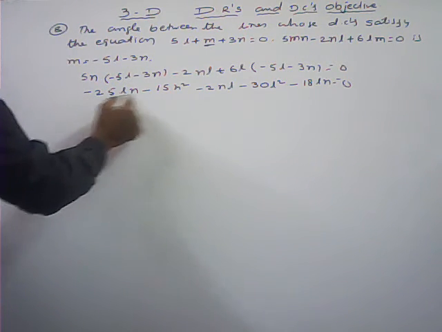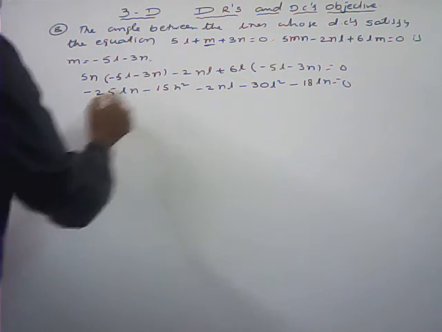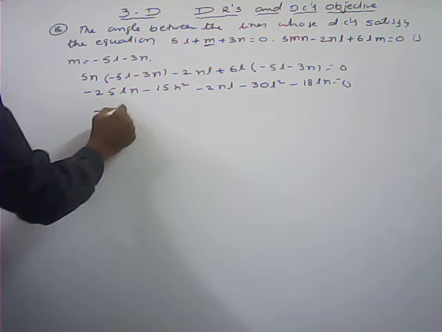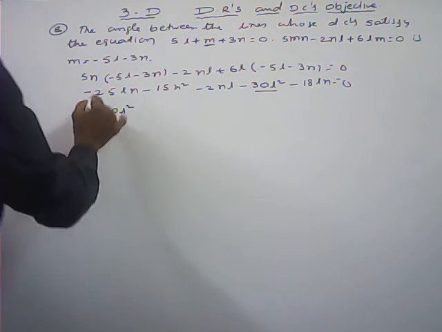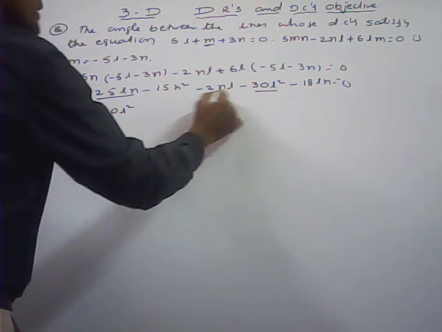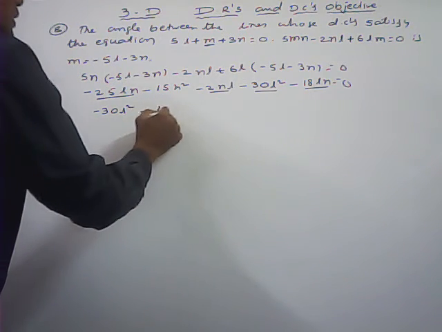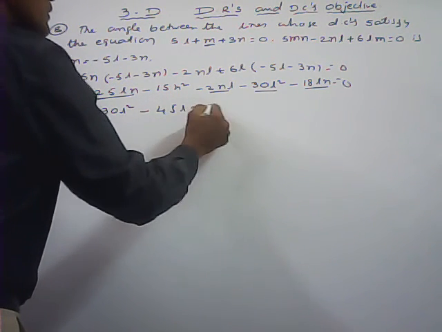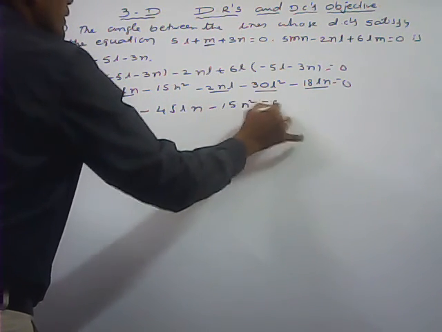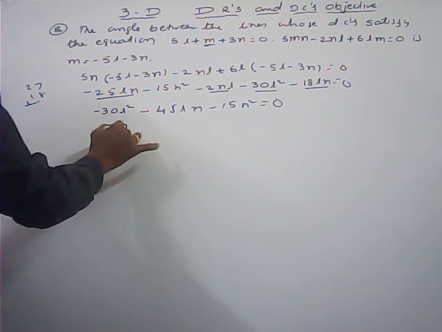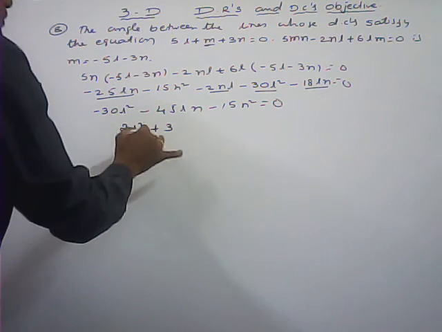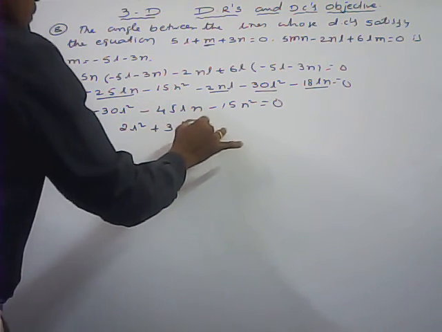Next, minus 30l square, this one I have written. Next, minus 25ln minus 2ln minus 18ln, that is minus 45ln. Next, minus 15n square, that is equal to 0. Dividing by minus 15, 2l square plus 3ln plus n square, that is equal to 0.